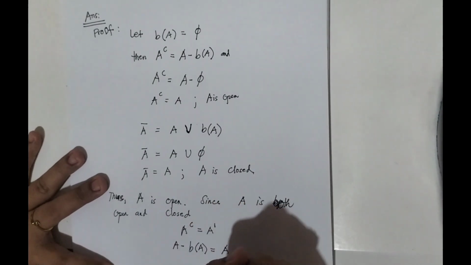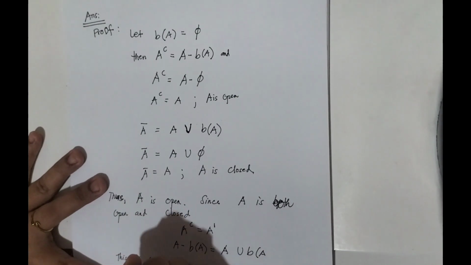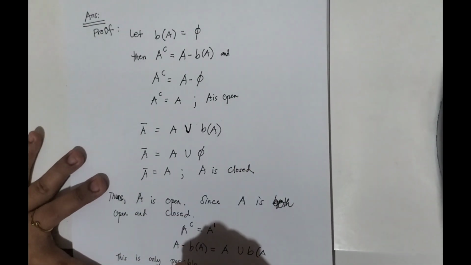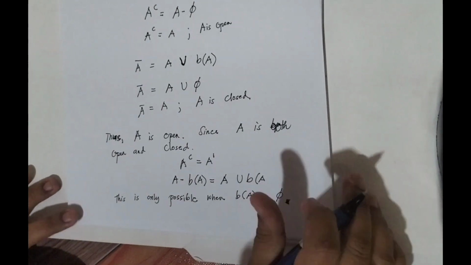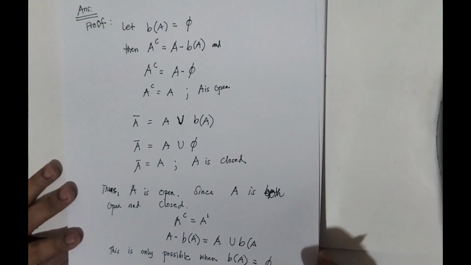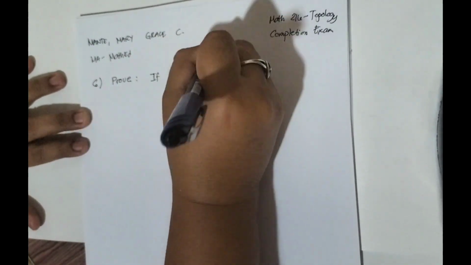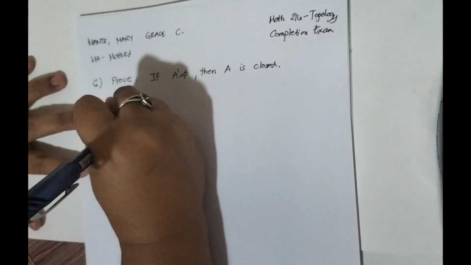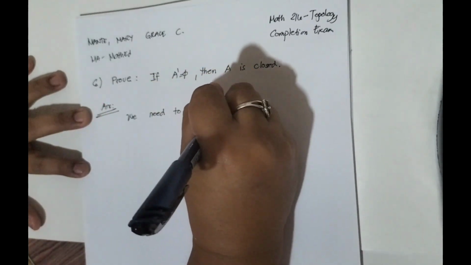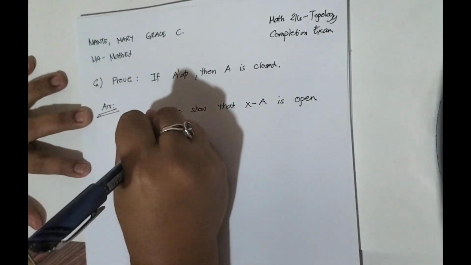Therefore, the complement of A is A prime. And if we substitute, the complement of A minus B(A) is equal to A union B(A). So this is only possible when B(A) is equal to the null set.